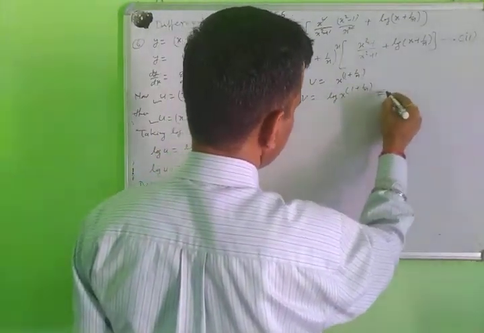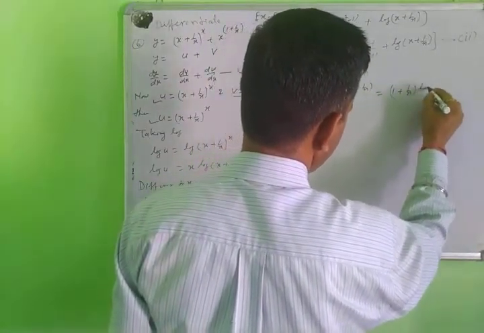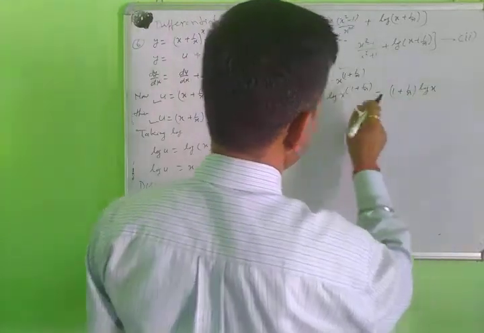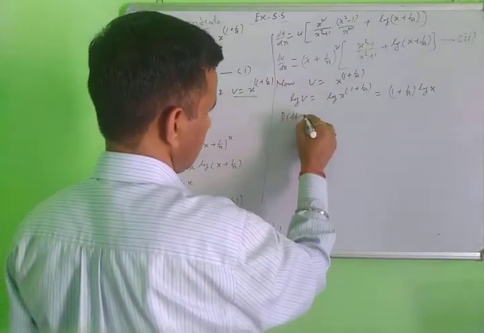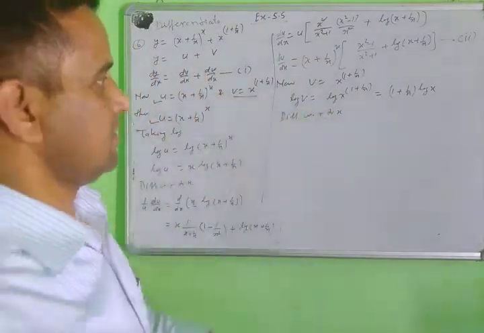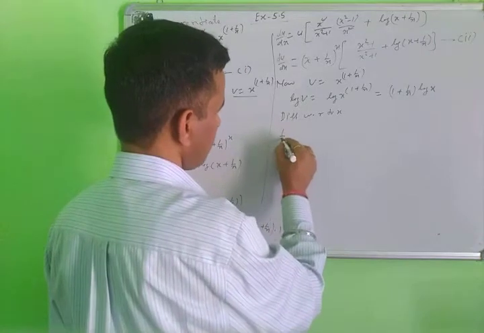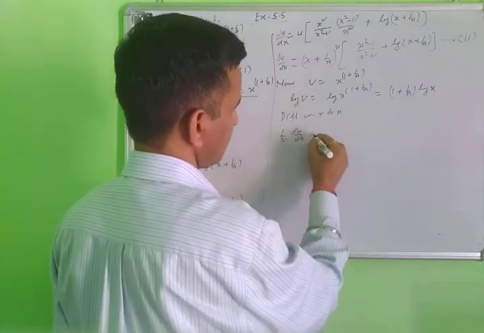Then using the identity of log, 1 plus 1 upon x times log x, m into n. Differentiate with respect to x. What do we do? 1 upon v dv over dx.